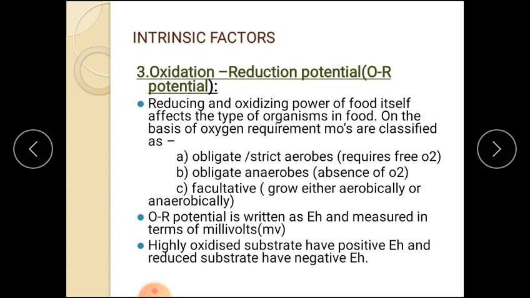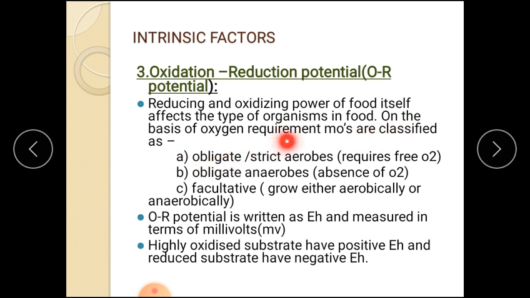Next factor is the oxidation reduction potential, also called OR potential. Now what is this? Reducing and oxidizing power of the food itself affects the type of organism in the food. On the basis of the oxygen requirement, microorganisms are classified.